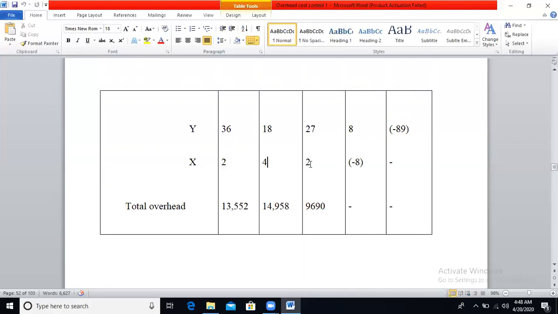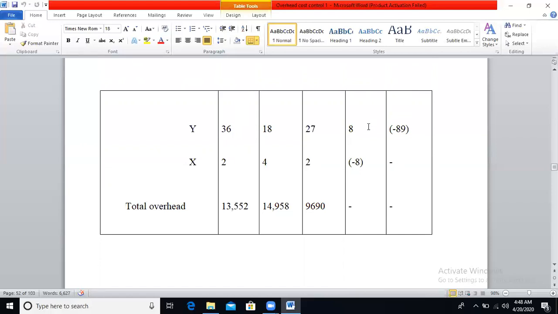If you continue further, you will get 0 point something values. You can stop there, or else you can adjust like this also. So if you total this, you will get a total of 13,552 for department A, 14,958 for department B, and 9,690 for department C.